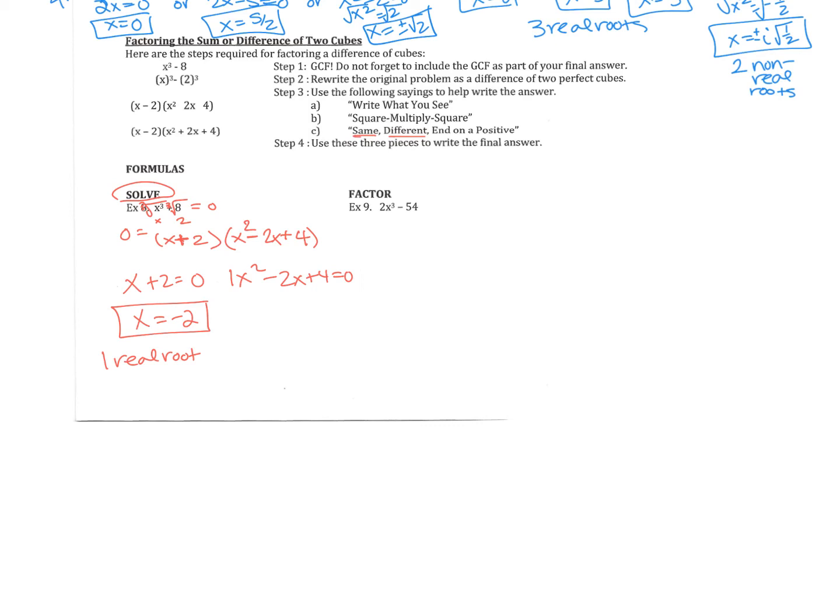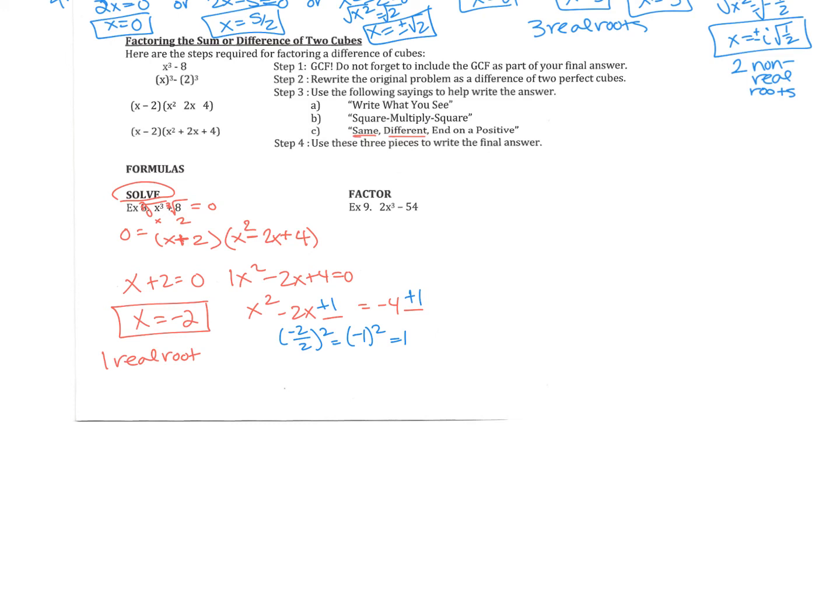But to do completing the square, I have to move my 4 over and leave a space. So I get x squared minus 2x, leave a space, equals negative 4, leave a space. My next step is to complete the square. That's when I do my b divided by 2 and square it. So negative 2 divided by 2 and square it. I get negative 1 squared, or 1. This is the number I add to both sides because I'm trying to complete the square. So I have to add it to the left. And whatever I do to the left side, I want to make sure I do to the right side.